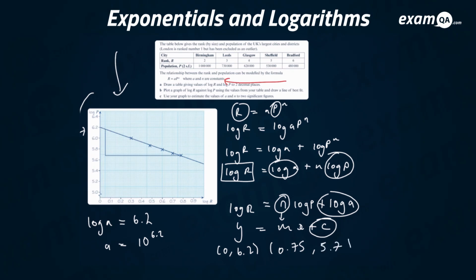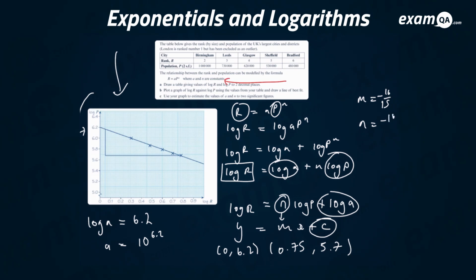So if I do changing y with changing x of that, you should get minus 16 over 15. So I get the gradient is minus 16 over 15. Remember, the gradient is literally n.